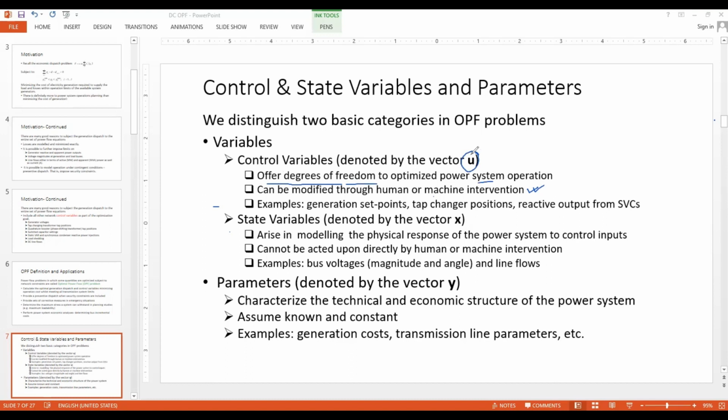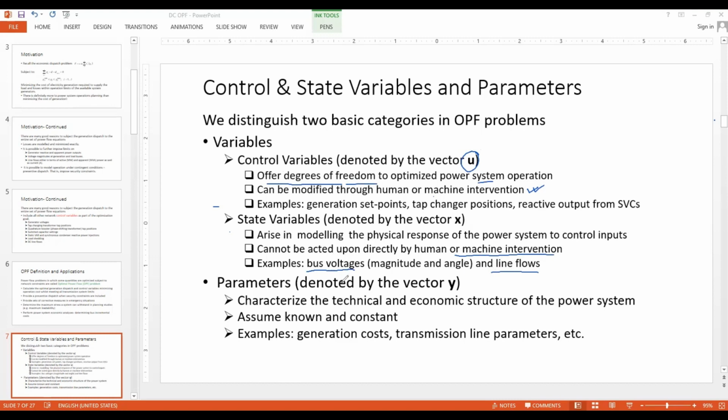Then come the state variables. These you actually cannot act upon as a human being, or through machine intervention. Some examples are the bus voltages and the line flows. You cannot control the line flows or the bus voltage directly.